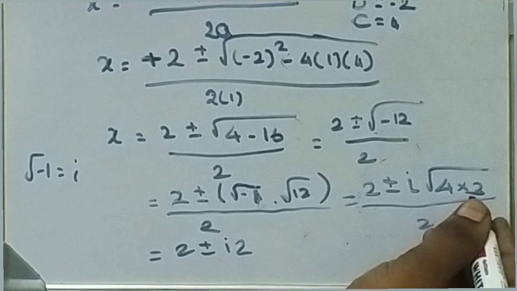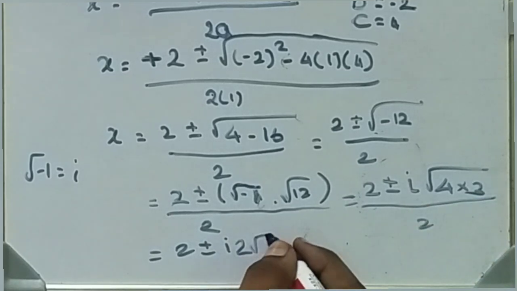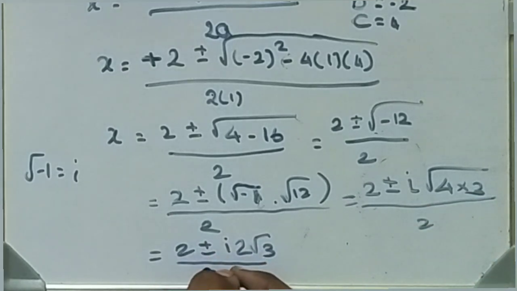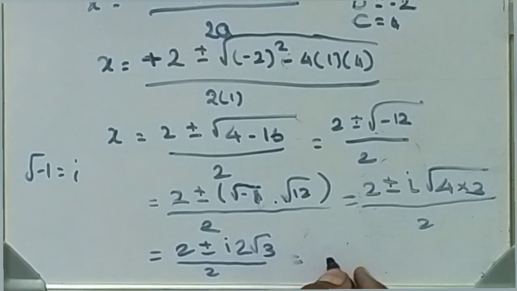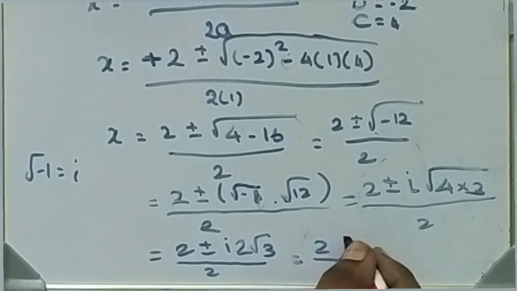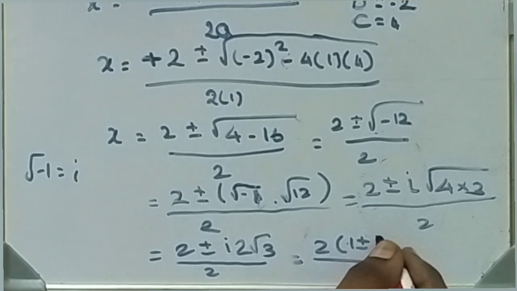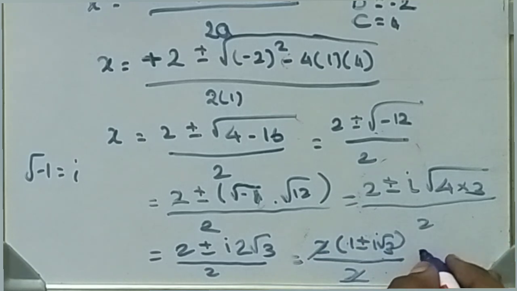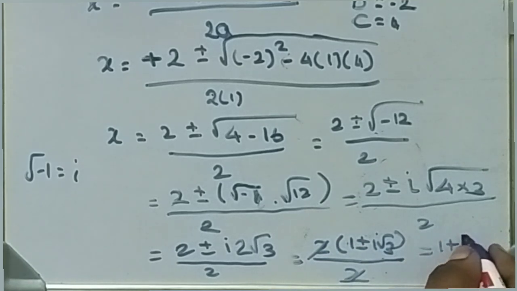It is 2. What we have remaining is root 3, divided by 2. So we can take 2 in the numerator as common. So 2 multiplied by 1 plus or minus i root 3, divided by 2. So the 2 cancels. x equals 1 plus or minus i root 3.